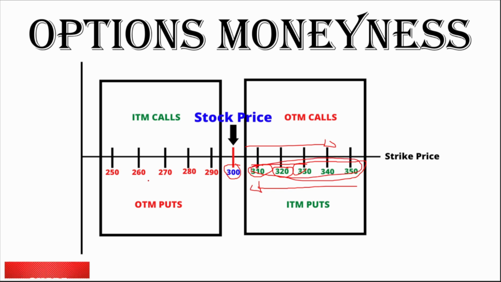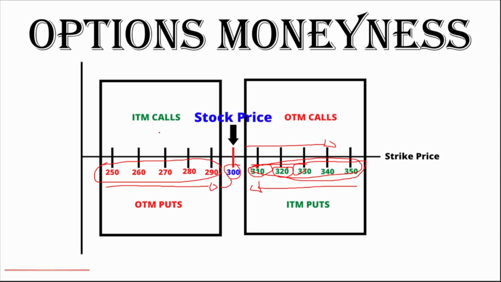In this case, for example, if you sold options at these strike prices, you'll have all your strike prices expiring out of the money. Why? Because all the strike prices are below the current $300 per share.